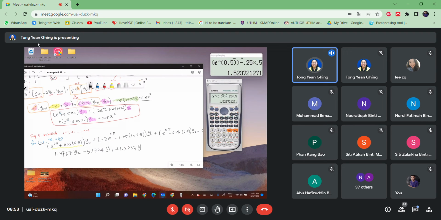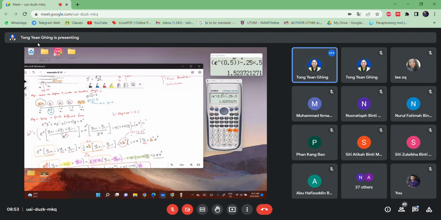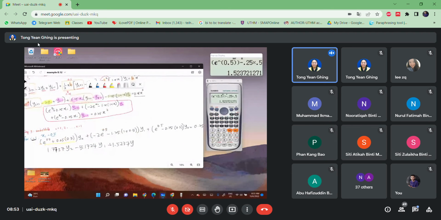y naught. Okay, so just now y naught is given. Y naught is this one. Y naught is 2 is given. Y naught is 2. So saya darab terus dengan 2 times with 2. So 3.0474.